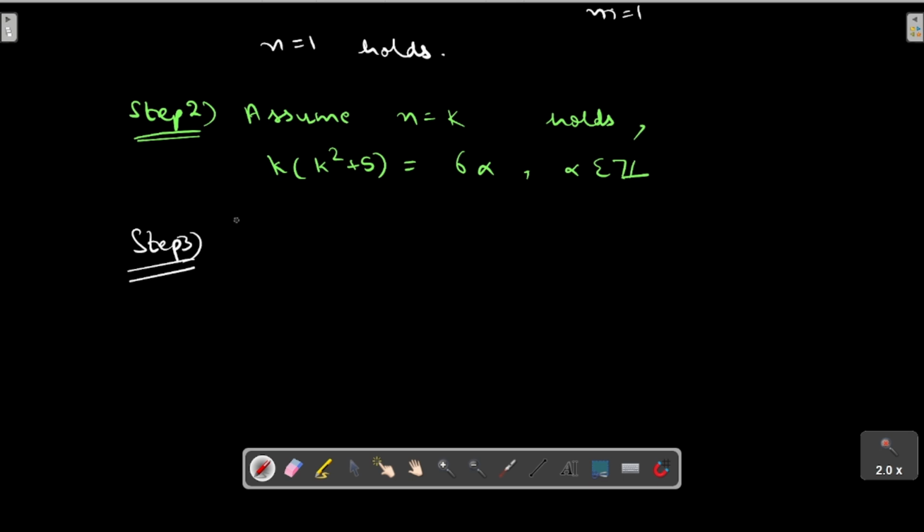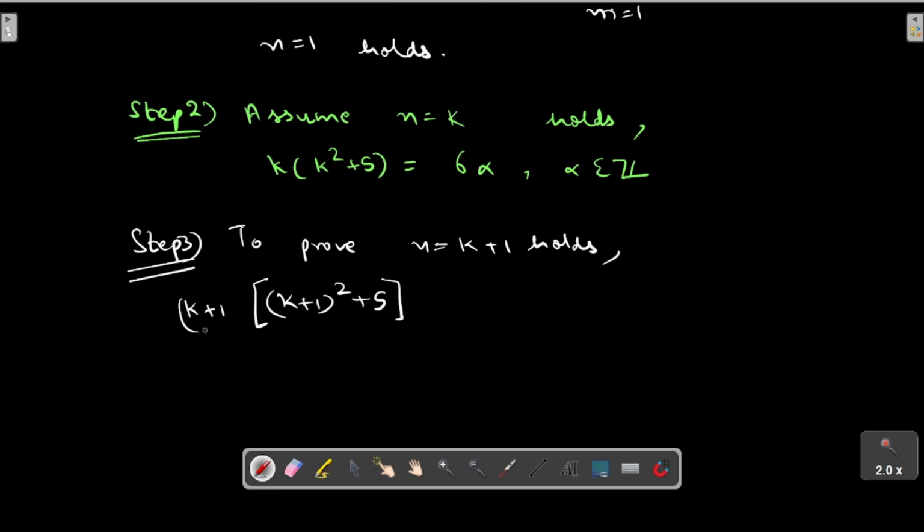step 3. This becomes to prove n is equal to k plus 1. We need to do this. So this becomes k plus 1 whole square plus 5, and here you have k plus 1 is equal to some 6 alpha dash.